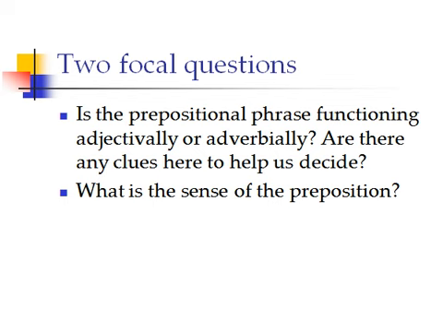We've covered a few contextual clues. A major one is the case of the noun that is the object of the preposition. Because with a good number of prepositions, not with all of them, but with a good number of prepositions, that is a major contextual clue, and it activates entirely different sets of meaning for the preposition. Remember our example of kata, which has one set of meanings when it's followed by a noun in the accusative case, but a second set of meanings when it's followed by a noun in the genitive case.